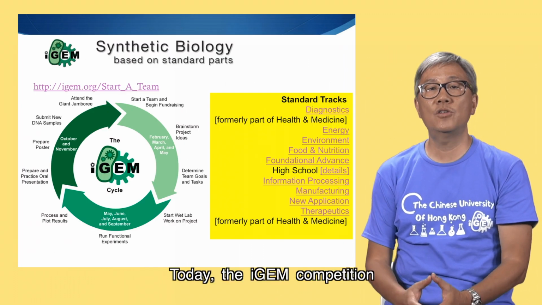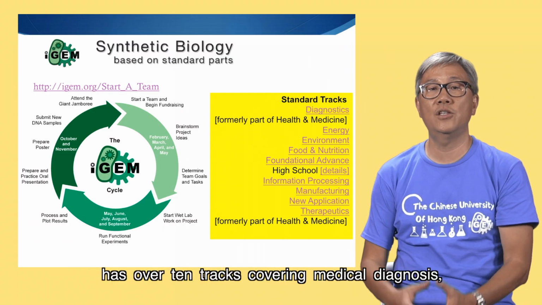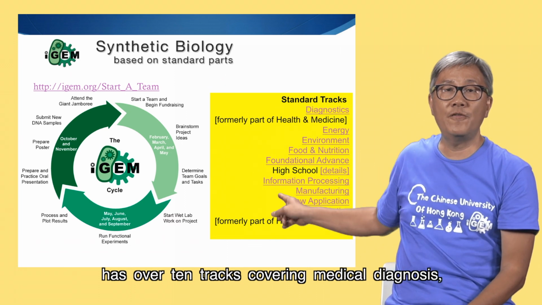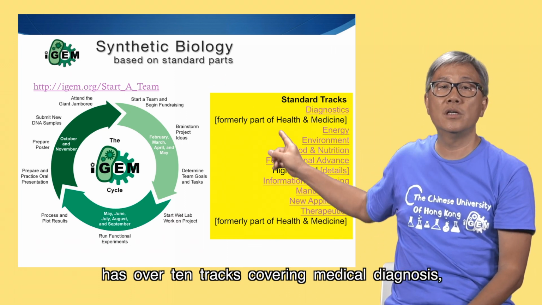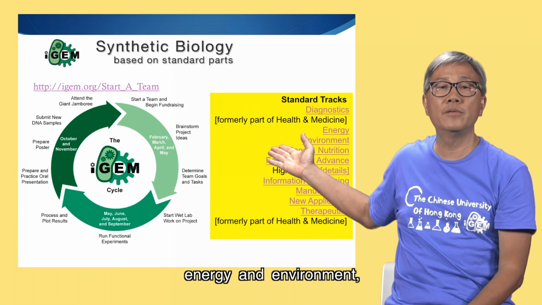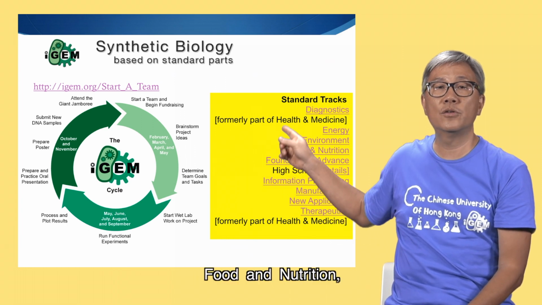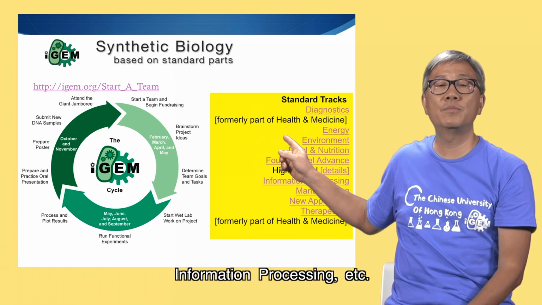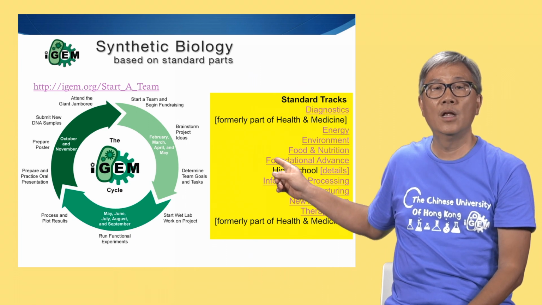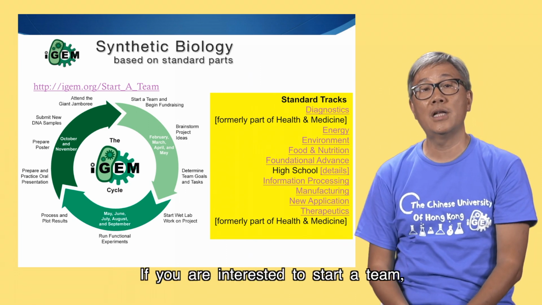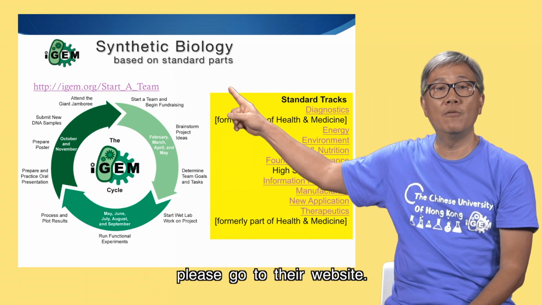Today, the iGEM competition has over 10 tracks, covering medical diagnosis, energy and environment, food and nutrition, information processing, etc. If you are interested to start a team, please go to their website.